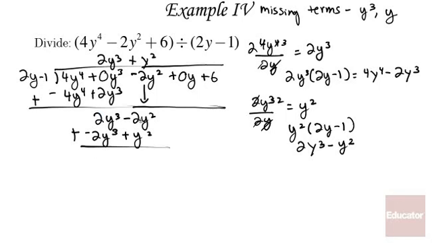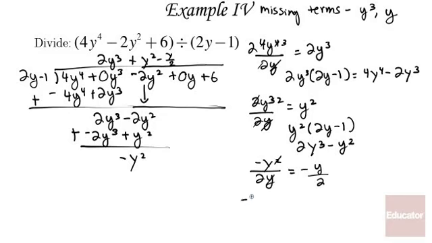I've got a negative 2y squared plus y squared, leaves me with negative y squared. Okay, negative y squared divided by 2y. One of the y's cancels, so that's negative y over 2. Up here, negative y over 2.